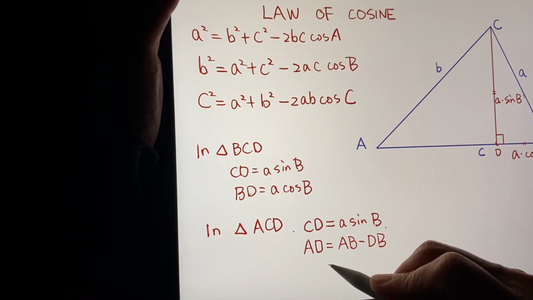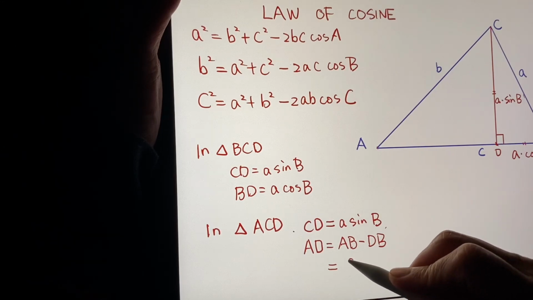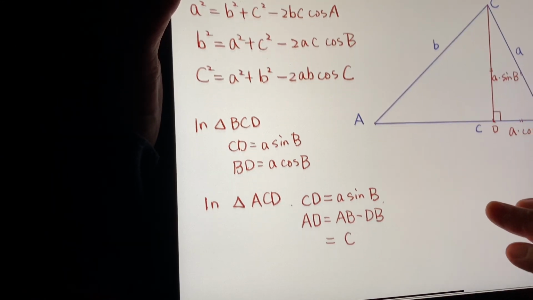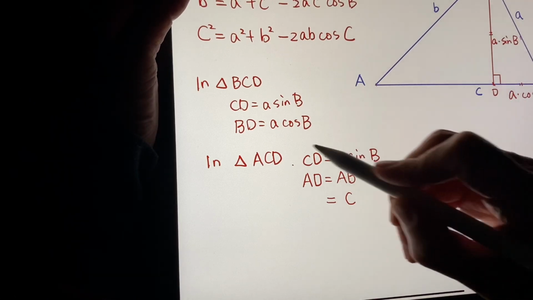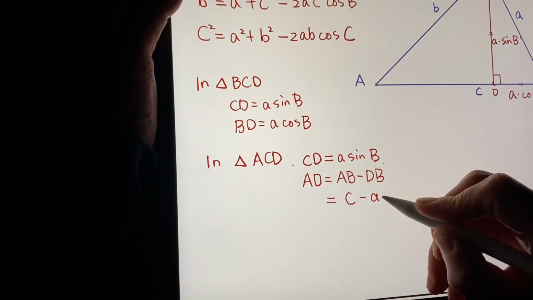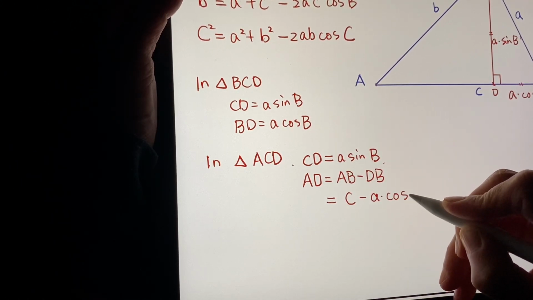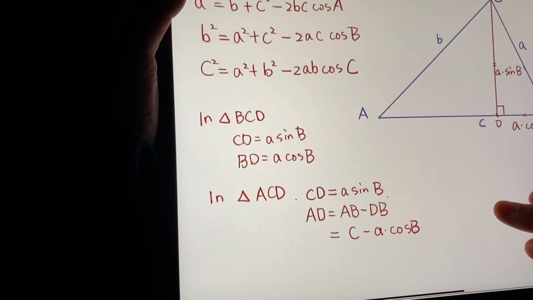And in another expression, AB is c, and DB is a cosine B.